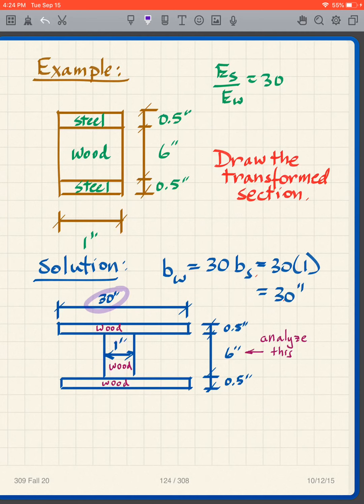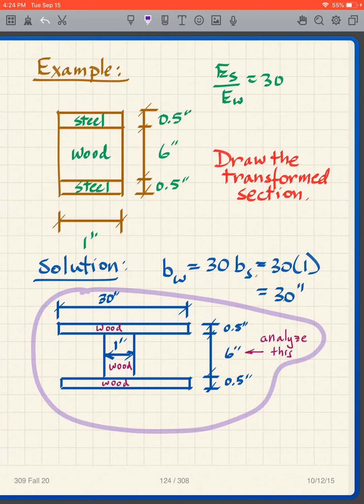So it's that straightforward. Long description of why, but a very simple calculation to get the answer. The whole purpose of doing this is that now we're going to analyze this. We can't analyze that. We haven't learned how to do that.